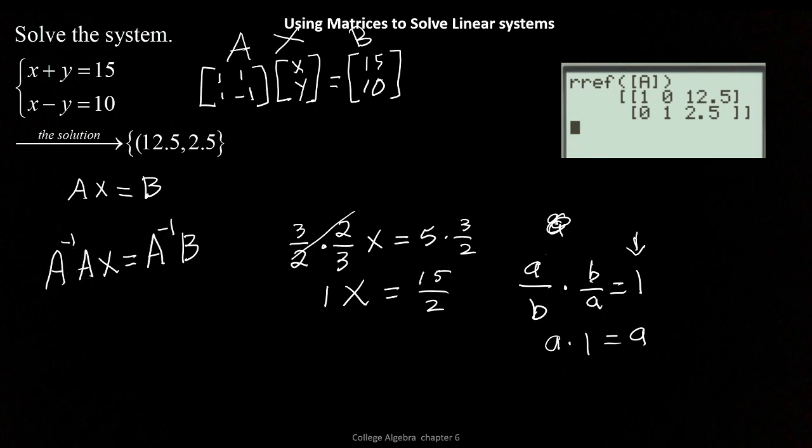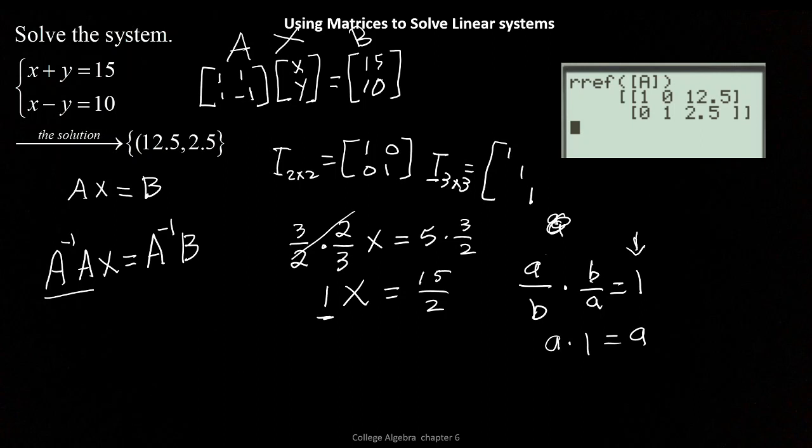When you multiply these two, you get something similar to 1 in arithmetic, and you know what that is. We talked about that before. I 2 by 2 is 1 on the diagonal and 0 everywhere else. And I 3 by 3, or just I 3, has 1 on the main diagonal and 0 everywhere else, like that.